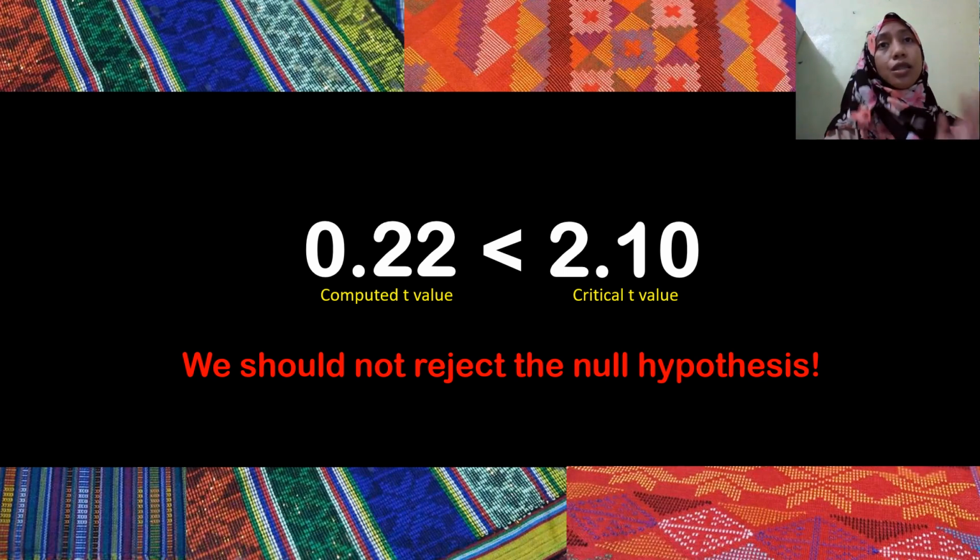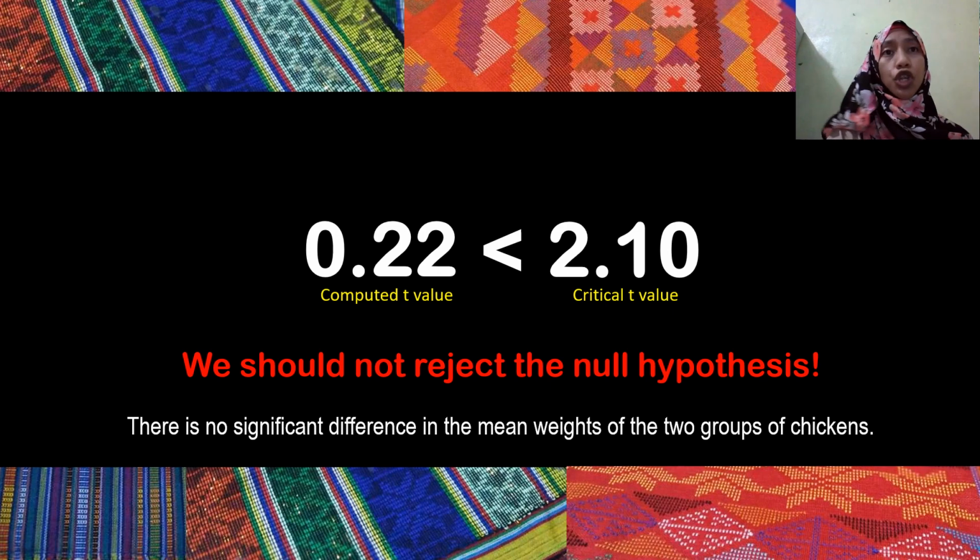0.22 again is our computed t-value, and 2.10 is our critical value. So since 0.22 is less than 2.10, we should not reject the null hypothesis, which is that there is no significant difference in the mean weights of the two groups of chickens.